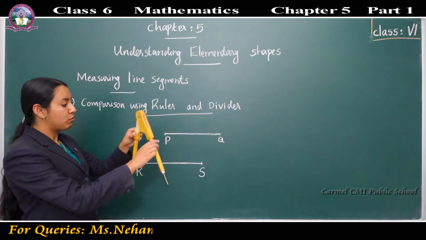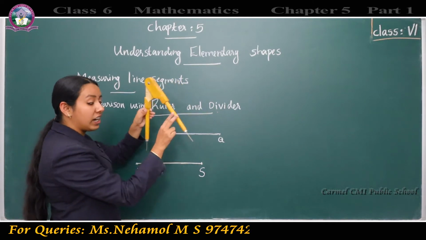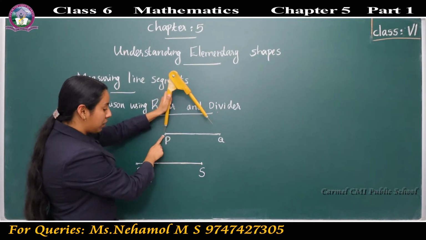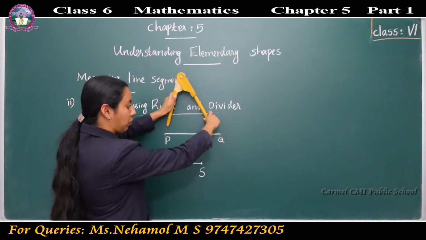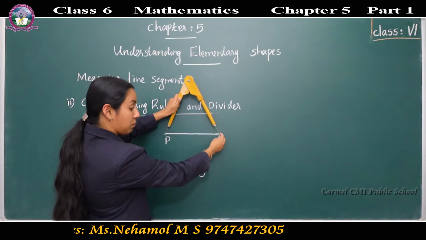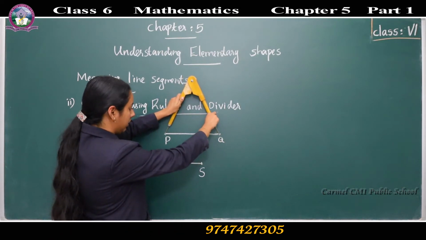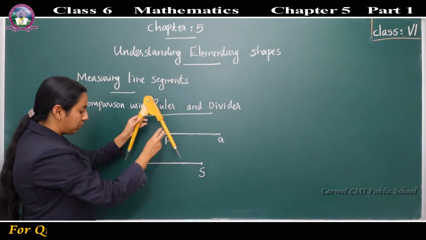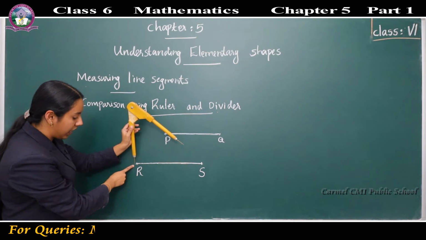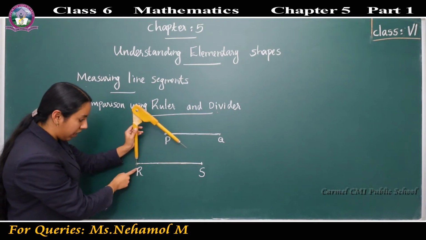For that, first place one pointer of the divider at the point P. Then place the next pointer at the point Q. Then this is the measurement. Then place the pointer on the next line segment RS.